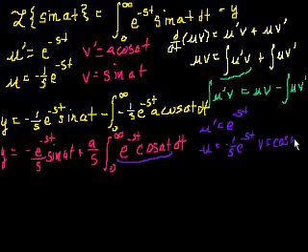The hardest part about this is just not making careless mistakes. And then v prime is equal to what? Minus a sine of at, right? Chain rule, derivative of cosine is minus sine.